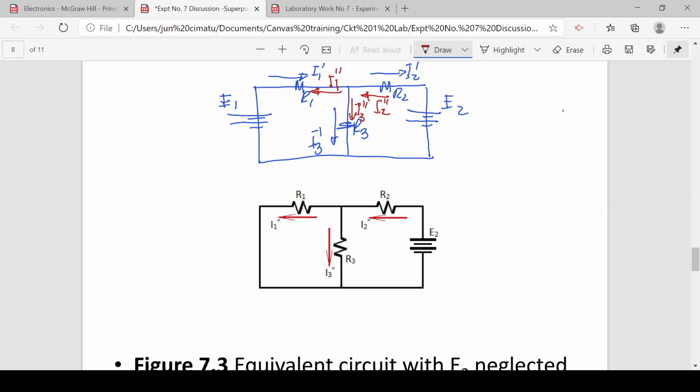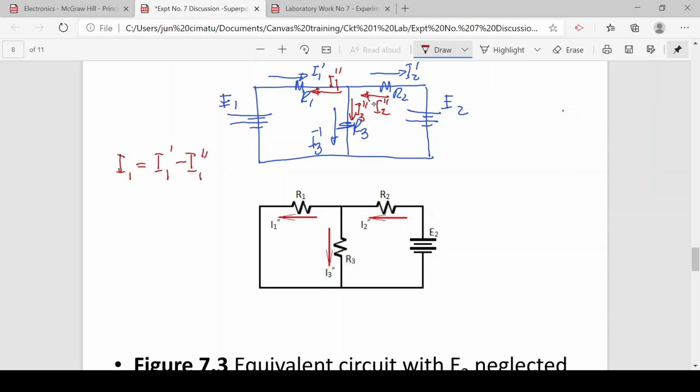We can see that if these currents simultaneously exist in the circuit, I sub 1 prime and I sub 1 double prime are opposing currents, and therefore the net current would be the current in the branch. That is why to calculate I sub 1, it would be I sub 1 prime minus I sub 1 double prime, considering that I sub 1 prime is larger, simply because it is the total current supplied by E1.